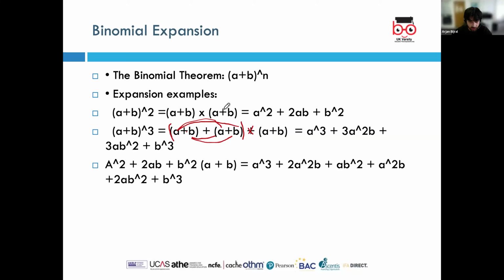We've done this, right? And then the cubed is an extra one on top. So we've timesed this by itself, this by itself, and then timesed it by itself again. Because it's 3. So there's 3 of them.